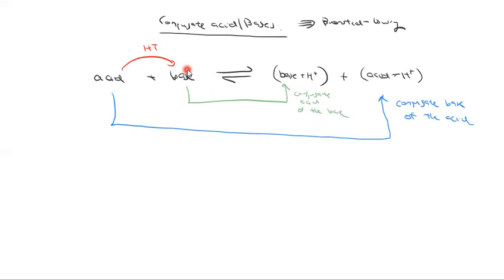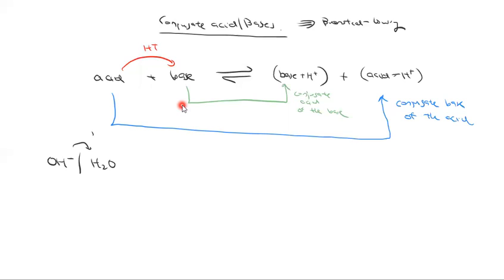So conjugate acid is a relationship word. If you want to work out a conjugate acid, say I've got OH-, going to the right I just add an H+, so that makes H2O.